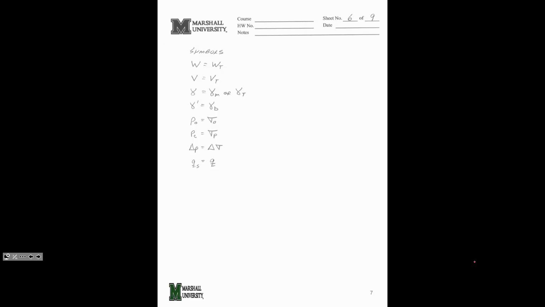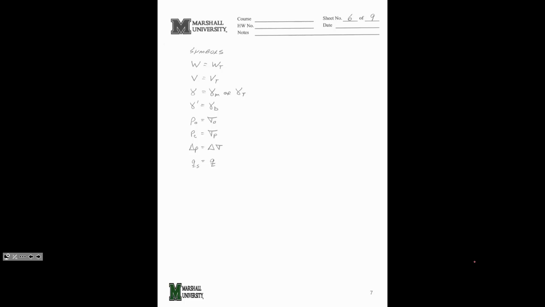Symbols. Now these are the symbols that are different in class than you're going to find in the reference manual. We use W sub T for the total weight, they use W. We use V sub T for total volume, they use V. They'll just throw gamma in there and not make a distinction whether it's moist or total unit weight.